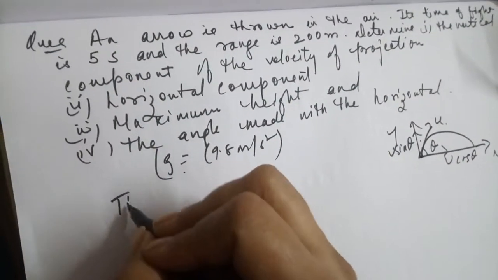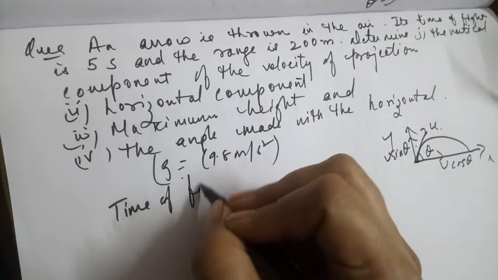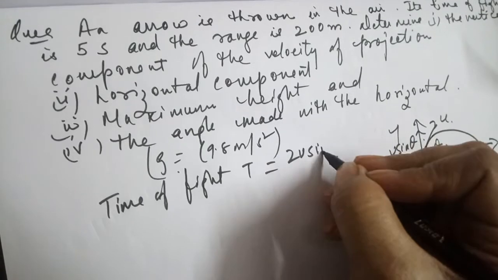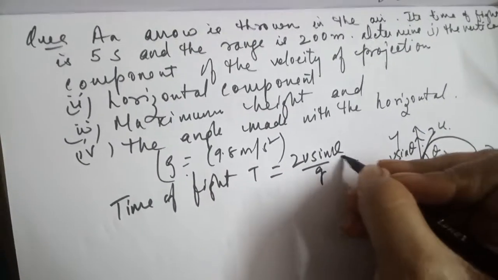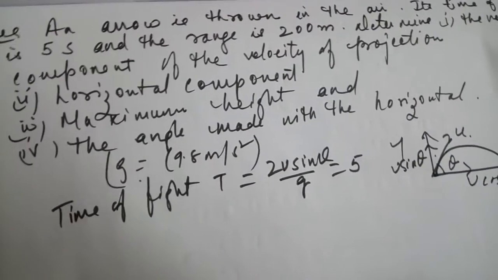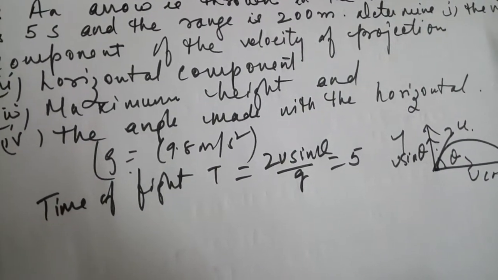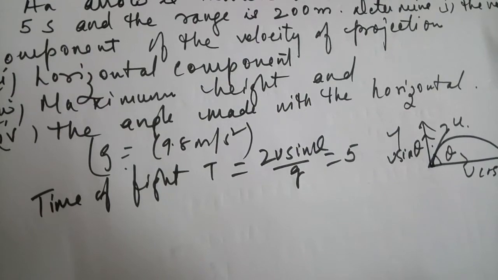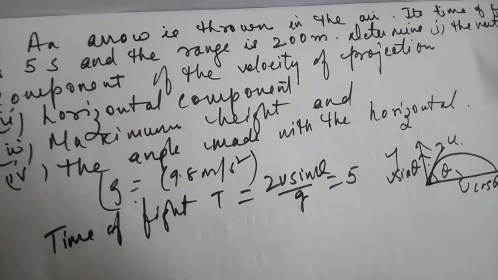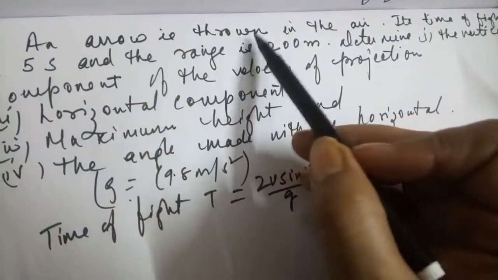So what are the things given? We are given the time of flight, and the formula for the time of flight is T equals 2u sin theta by g, and this is given as 5 seconds. So we have written the first condition. The next value given is the range, and the range is 200 meters.